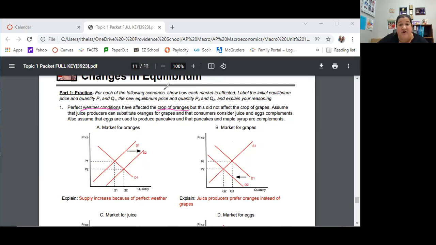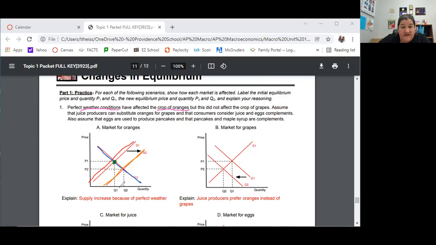You can see here, originally they drew S1, and then here's the demand, but then supply increased. Why did supply increase? The weather was just absolutely beautiful. So again, all you have to do is drop your equilibrium points. Here's my first equilibrium point.